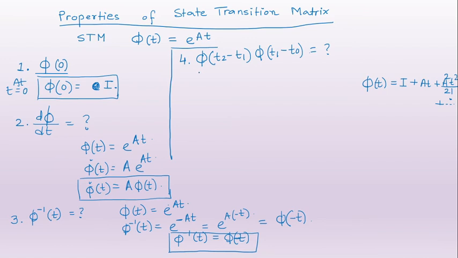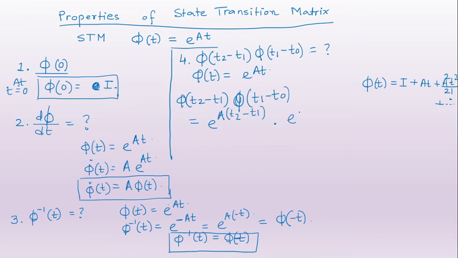So we know phi t is e to the power A t. So phi of t2 minus t1 and phi of t1 minus t0 can also be e to the power A times t2 minus t1, into e to the power A times t1 minus t0.